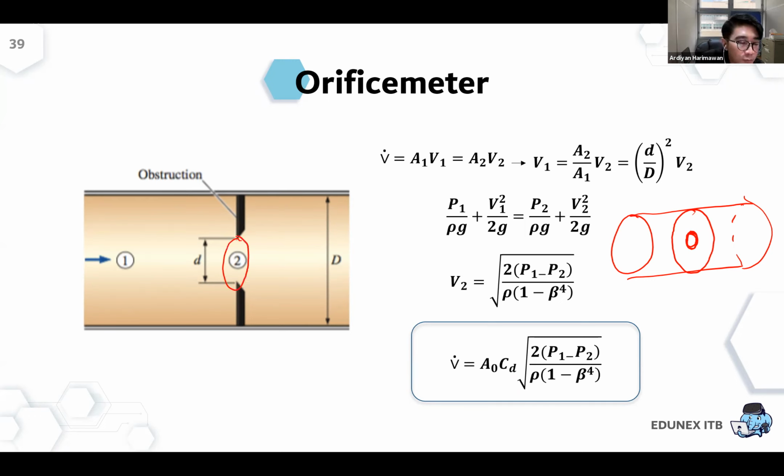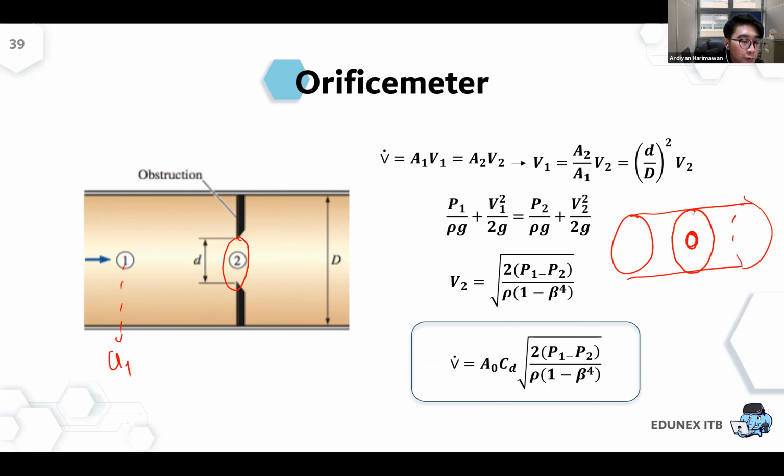What will happen if you have very small holes? Then this is point 1. For example, you have water flowing in the pipe, and you want to measure the water's flow rate or velocity.